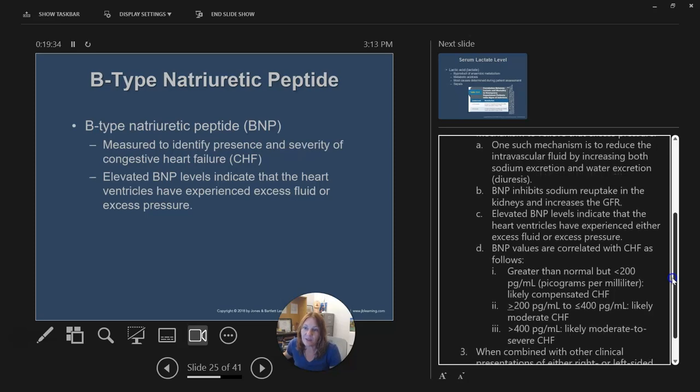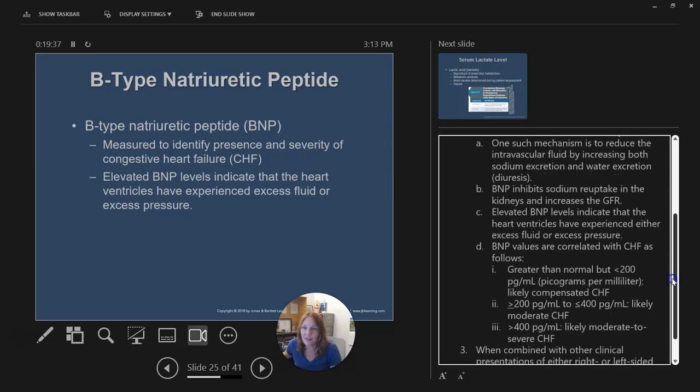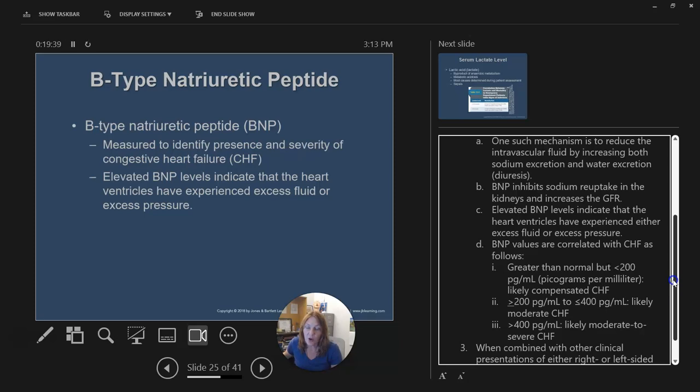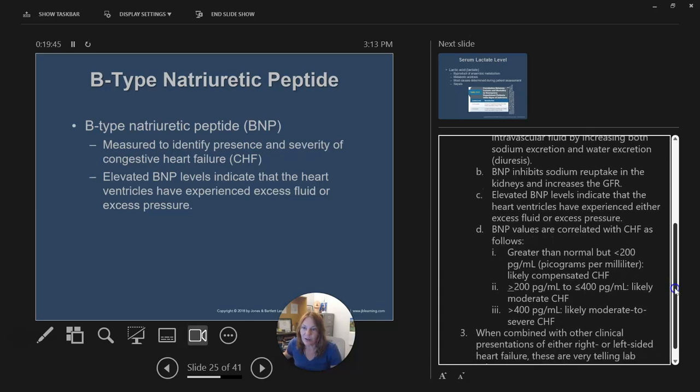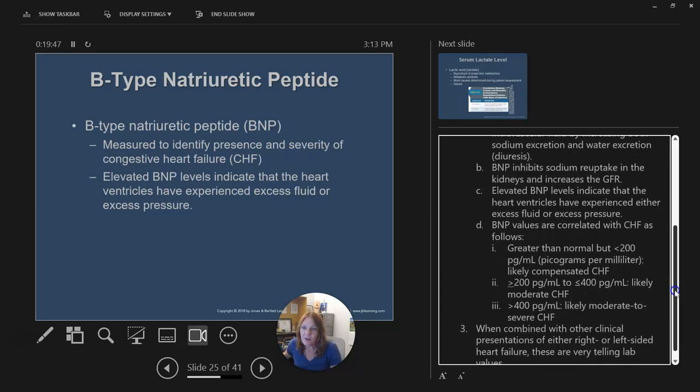Elevated BNP levels indicate that the heart ventricles have experienced either excessive fluid or excessive pressure. So BNP values are correlated with CHF as follows. Greater than normal, but up to 200, we have compensated CHF.